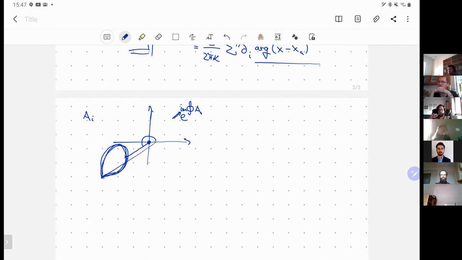If you stare at it for a little while, you'll see that after the whole closed loop trajectory, you'll end up having zero angle around that origin.